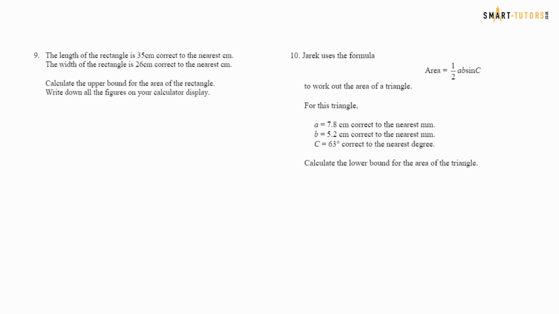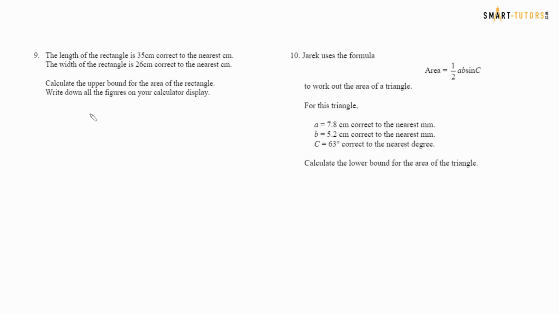Question number 9. The length of the rectangle is 35 centimeters, correct to the nearest centimeter. The width of the rectangle is 26 centimeters, correct to the nearest centimeter. Calculate the upper bound for the area of the rectangle. Write down all the figures on your calculator display.